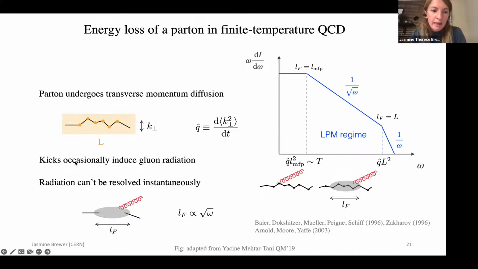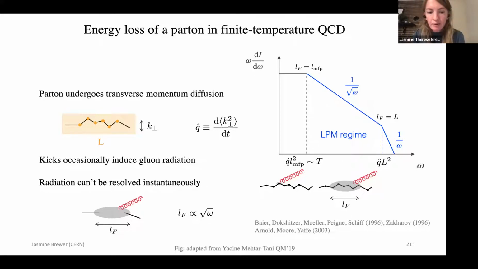An important conceptual point is that when this parton acquires momentum, that acquired momentum can allow or induce a gluon radiation from the medium. So this is conceptually a bit different from the vacuum-like splittings that we were talking about earlier, which is actually radiation acquired from the medium.